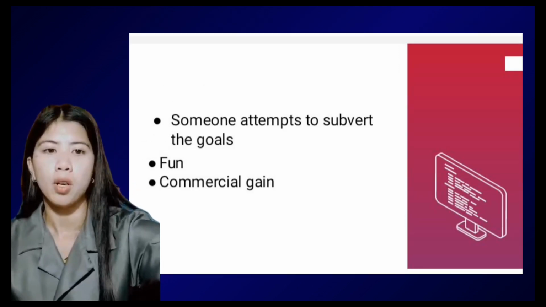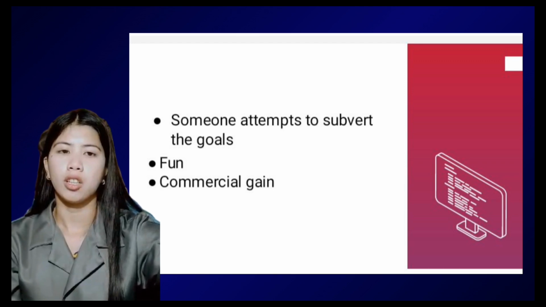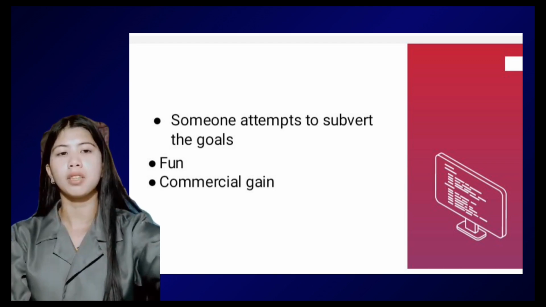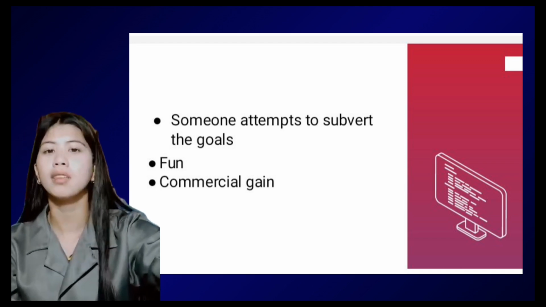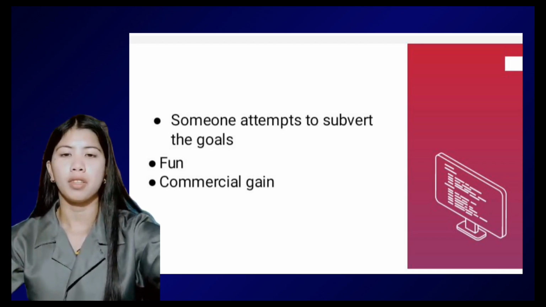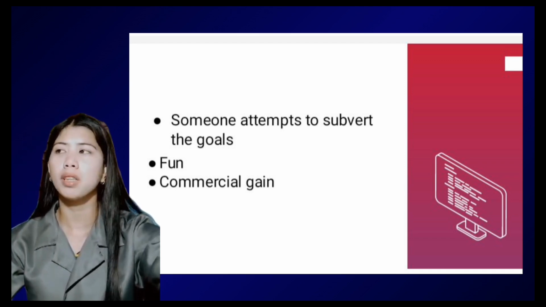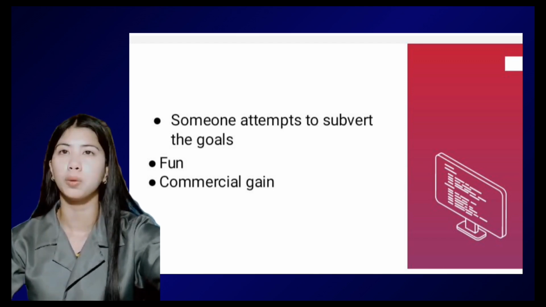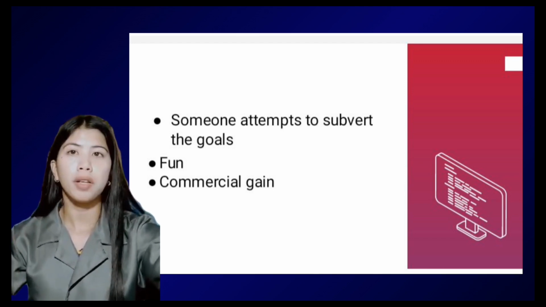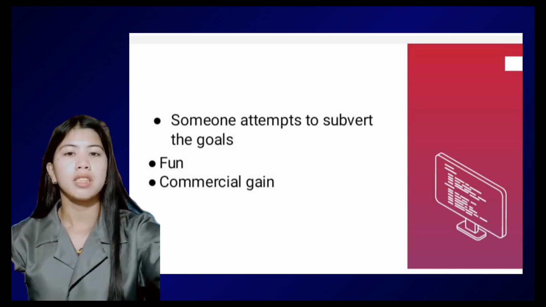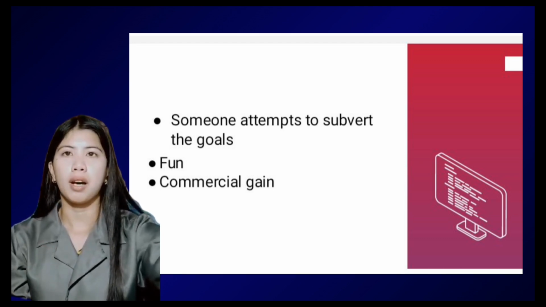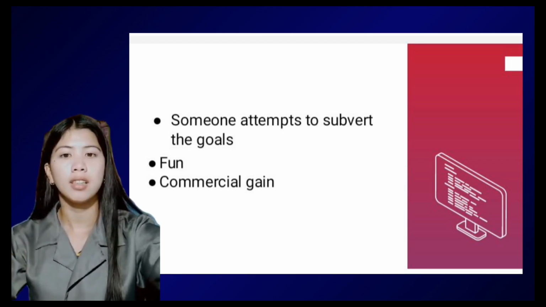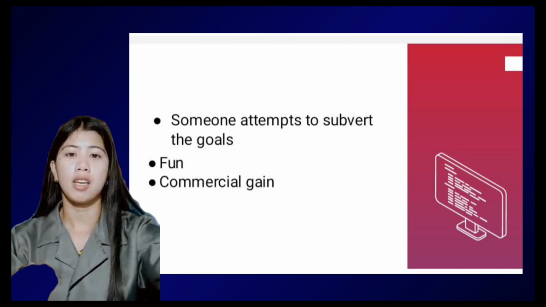Also, there are those who attempt to subvert these goals. One is fun: malicious pranks or prank-driven attacks, and individuals or groups that attempt to break or bypass security measures out of curiosity, or as hacking or testing their own skills.